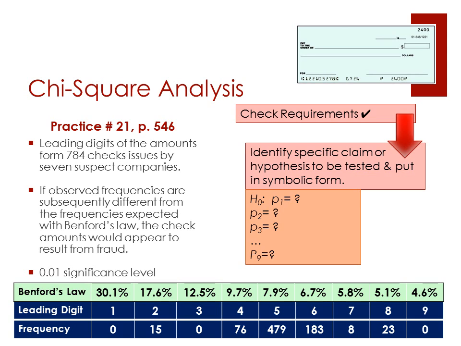So how are we going to convert that to our proportions when we're setting up our null hypothesis? Well, we're going to take Benford's law and convert that into the simple formula for probability, which in this case would be 0.301. So we're going to set this up for each of our different digits. Going all the way through, we would add all of these in. So for example, our P of 2 would have a probability of 0.176, right?